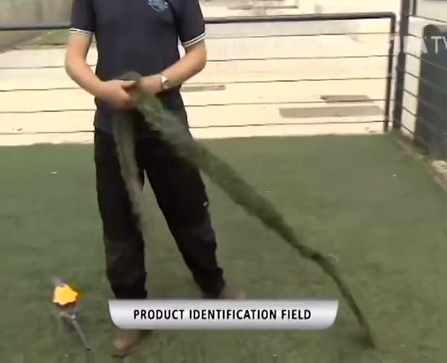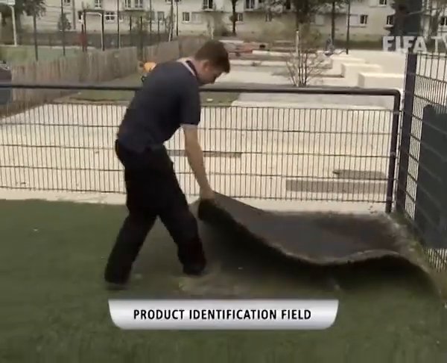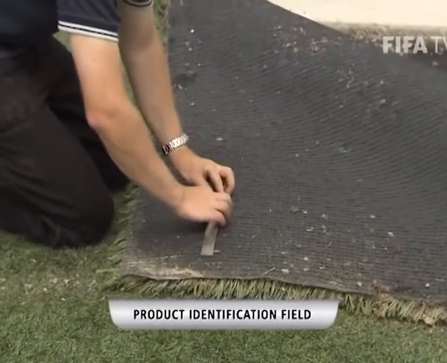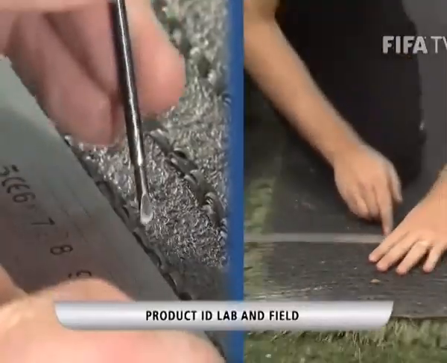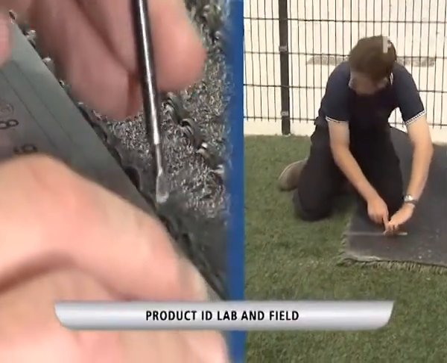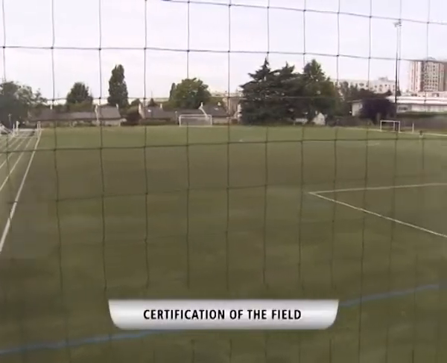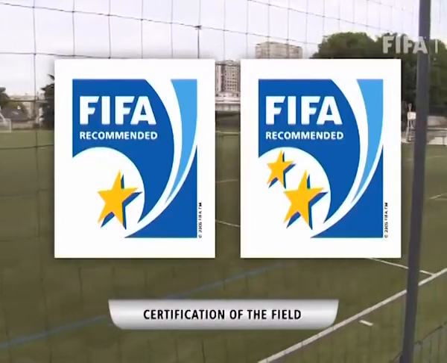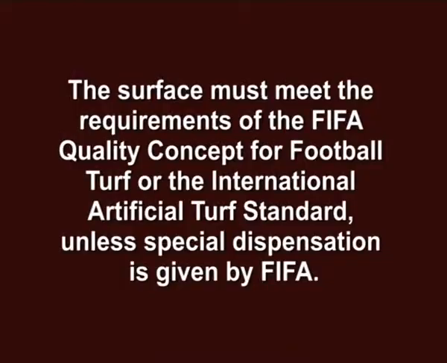Where artificial surfaces are used in either competition matches between representative teams of member associations affiliated to FIFA or international club competition matches, the surface must meet the requirements of the FIFA Quality Concept for Football Turf or the International Artificial Turf Standard, unless special dispensation is given by FIFA.